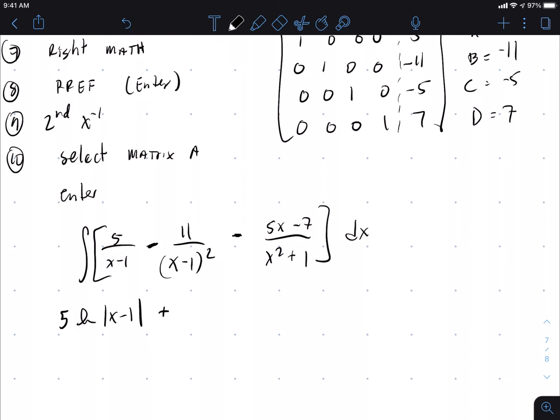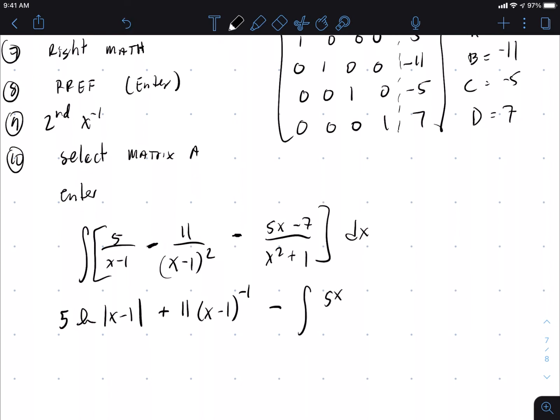The next one would be plus 11 x minus 1 to the negative 1, just using power rule. And then the next one, I'm going to break it up into two integrals, so you guys can see those two integrals.